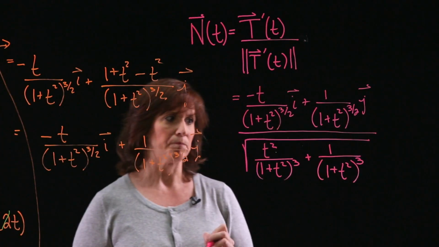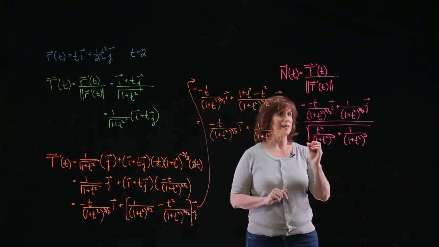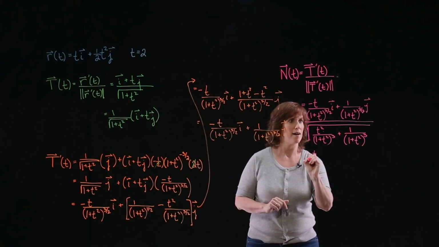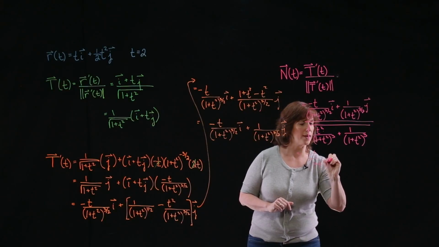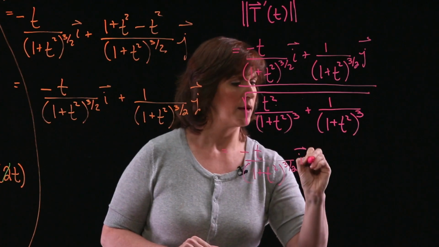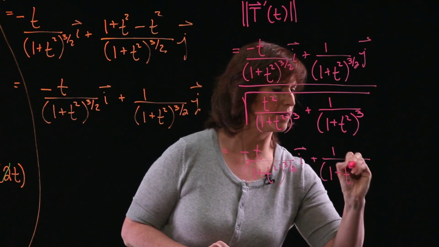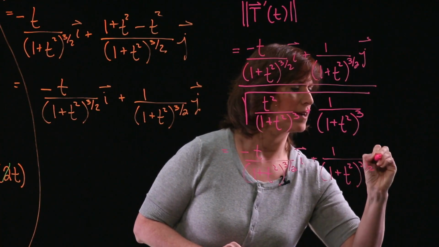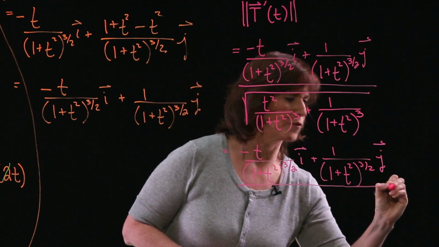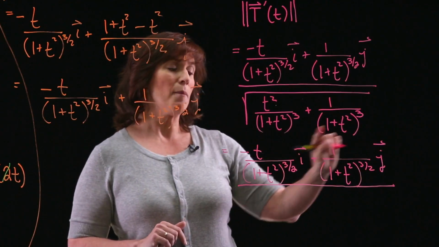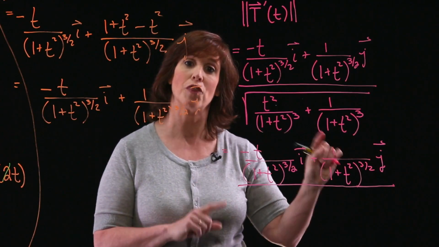Okay, now keep working with this. I'm going to have minus t all over 1 plus t squared to the 3/2 i plus 1 over 1 plus t squared to the 3/2 times vector j, all over. Now, when I get a common denominator here, notice my common denominator is 1 plus t squared to the 3rd power.